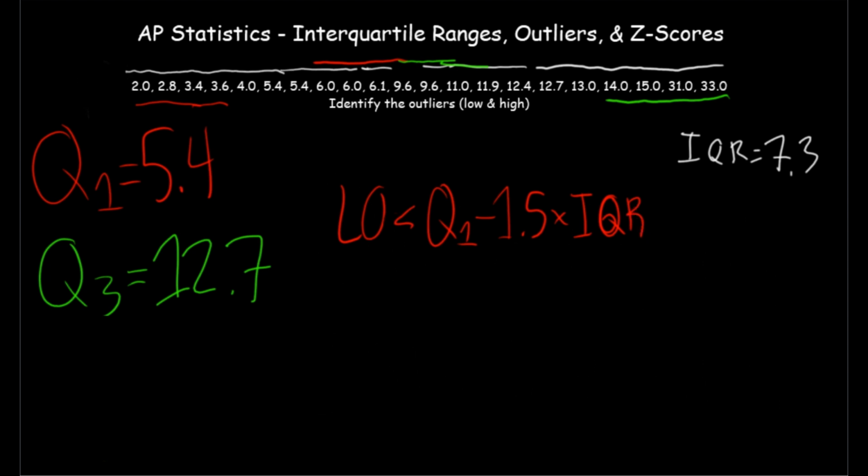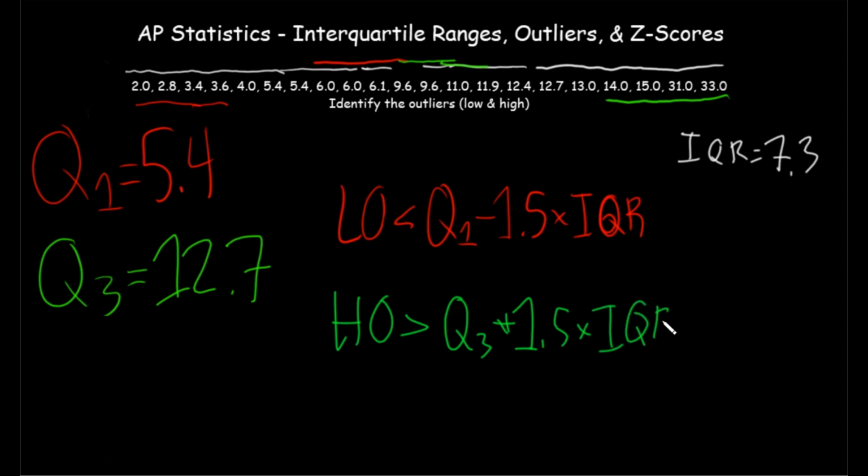And for your high outliers, they are going to be greater than the third quartile plus 1.5 times the IQR. And we can actually plug this into our calculator.